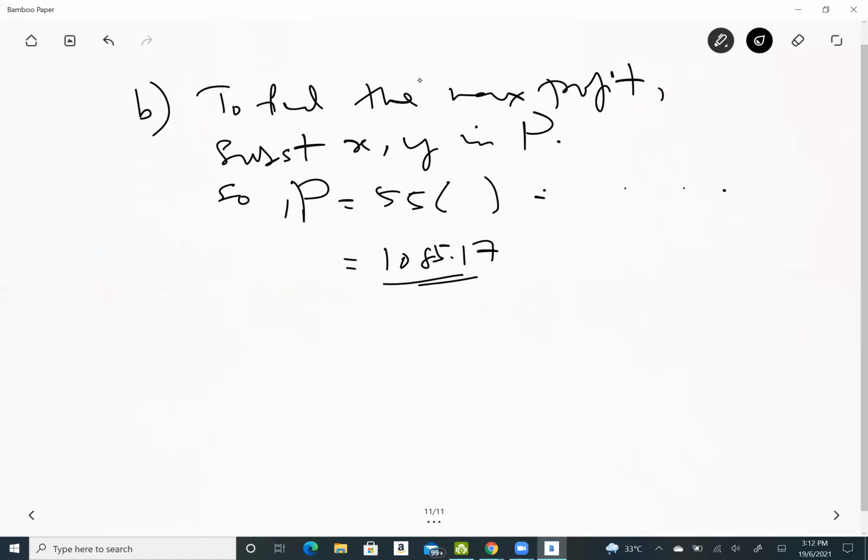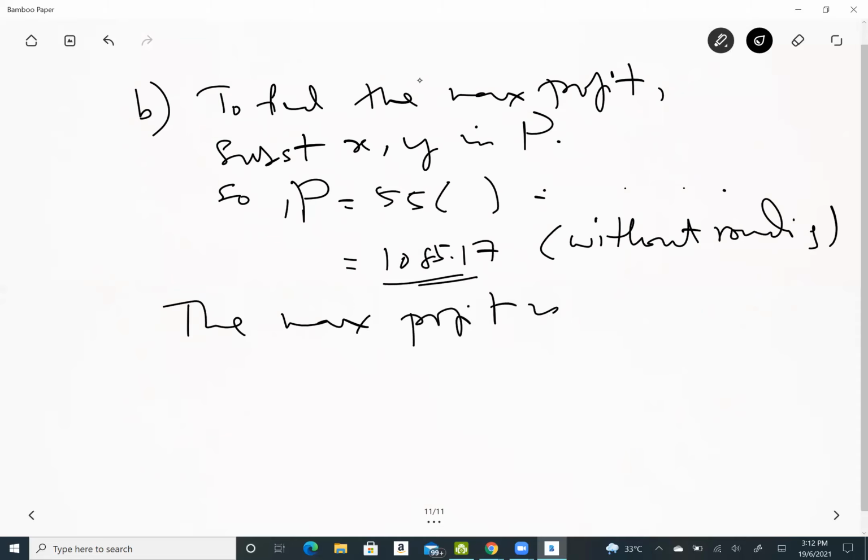Okay, I got this value. The original answer, this one is without rounding. If you round it up, then you get something close to this. So therefore, the maximum profit is RM1085.17. So that is our solution. So that is question 5. Okay, all right, good.